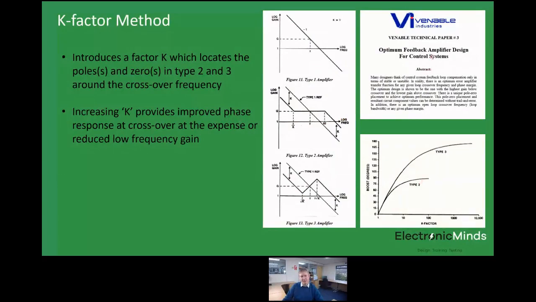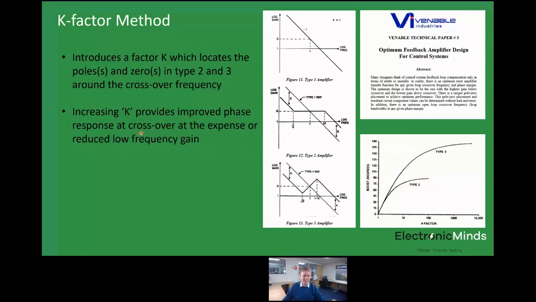This graph here is from the paper that I've described. With type 2 control, we can plot out the phase boost you get, in degrees, as a function of the K factor. If you go for a big K factor, which means that pole and zero are symmetrically placed around F but a long way away, then you can have a lot of phase boost, but you degrade your DC gain more.